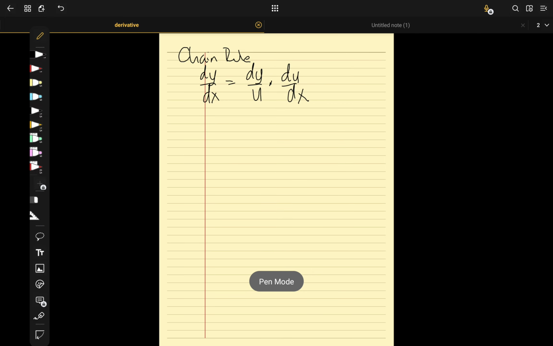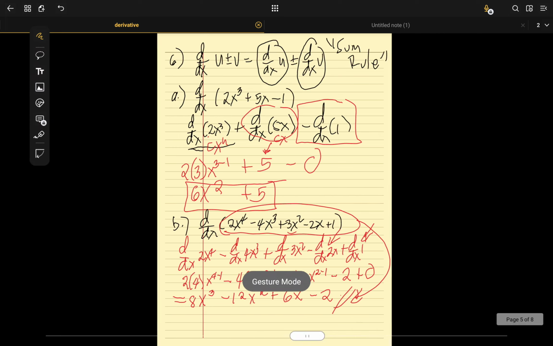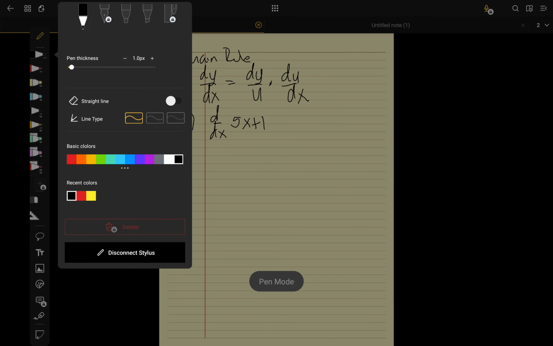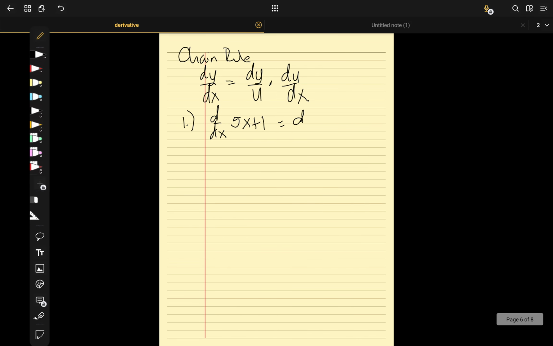Number 1, the derivative of 5x plus 1. So, di ba, by formula number 6 natin na to, this will become the derivative of 5x plus the derivative of 1 na magiging 5 plus 0 or simply 5.